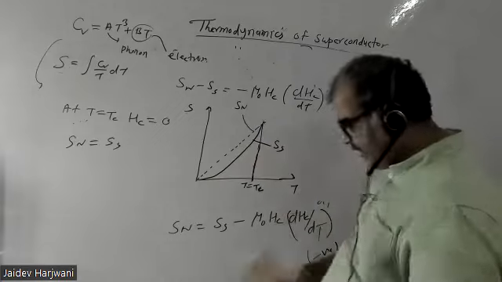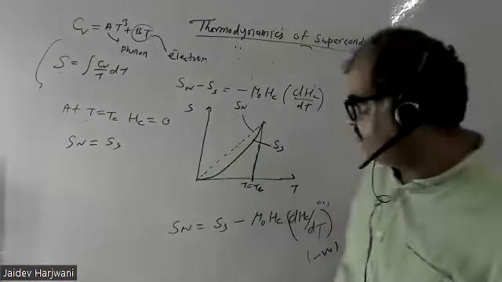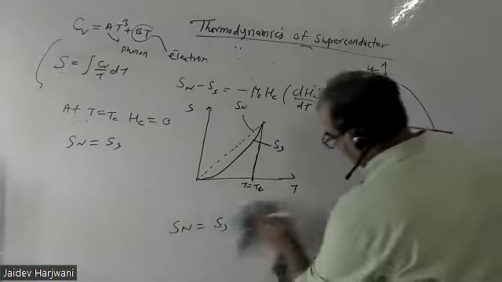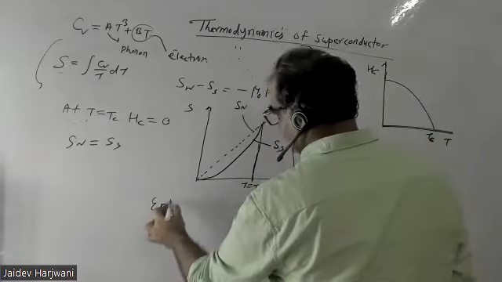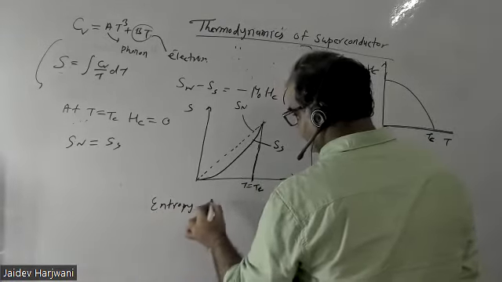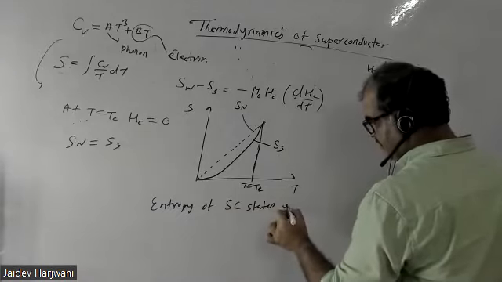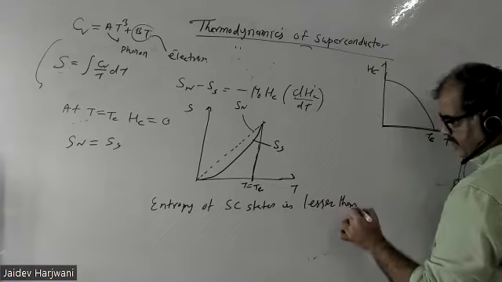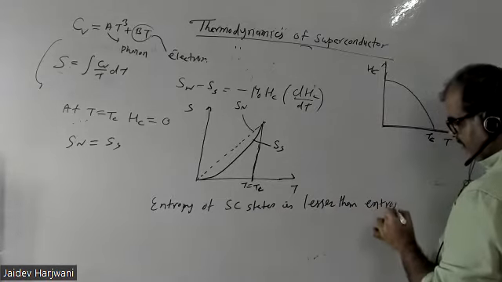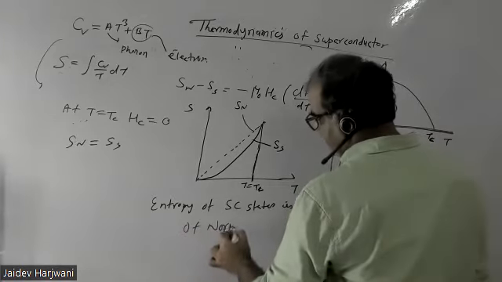So the final conclusion is that when your temperature is below Tc, the entropy of the superconducting state is lesser than the entropy of the normal state.